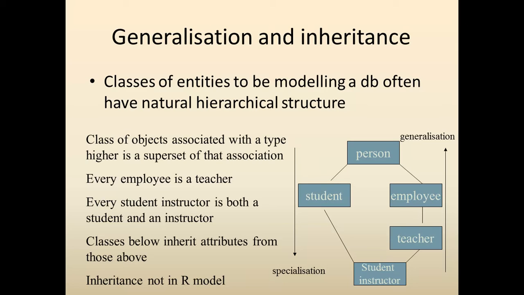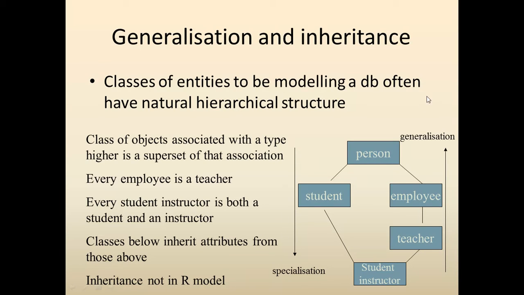Classes below inherit attributes from those above in this inheritance in our model. So this is the parent node, person, divided into student and employee, and this employee will be teacher and the student is instructor.